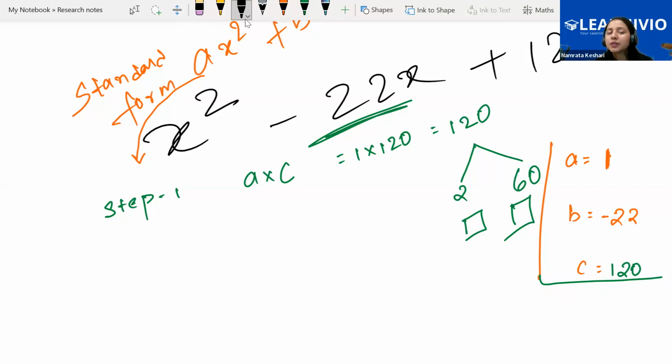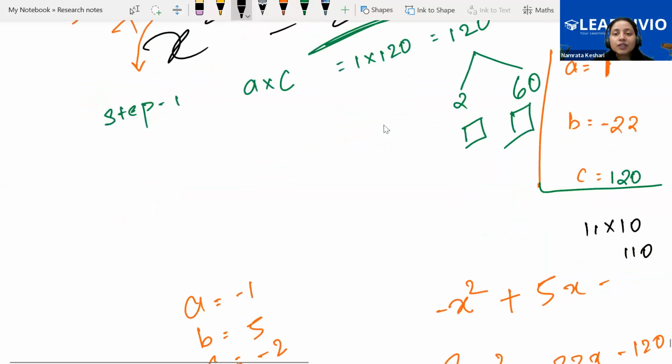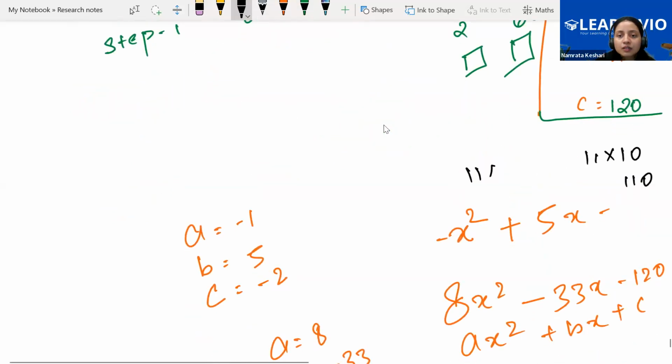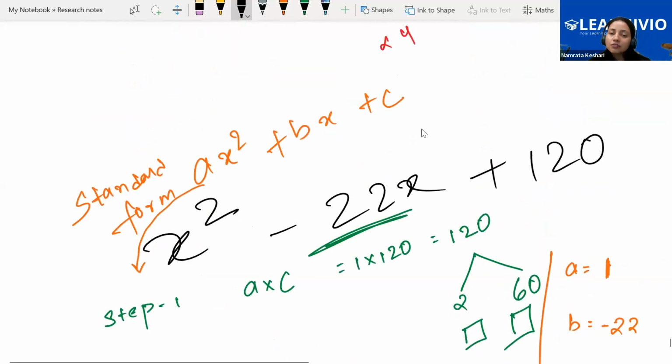Does 120 come in the table of 11? No, ma'am. 11 tens are 110, and 11 times 11 is 121, so 120 we are not getting. The table of 11 doesn't contain 120.